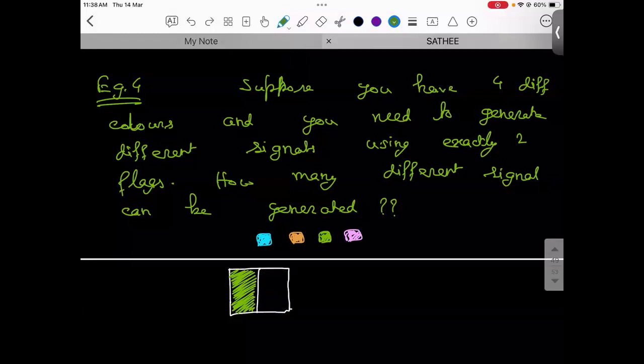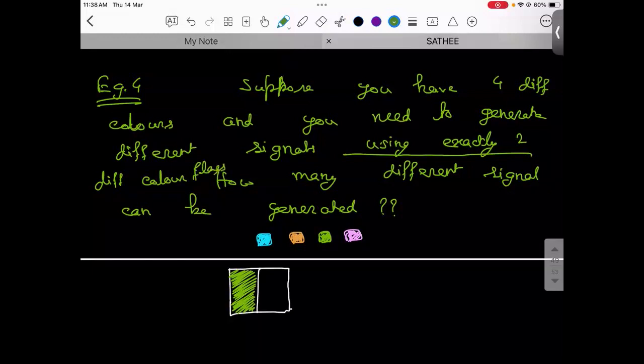Fine, because I have to use exactly 2 different color flags. Okay, so here the repetition is not allowed.